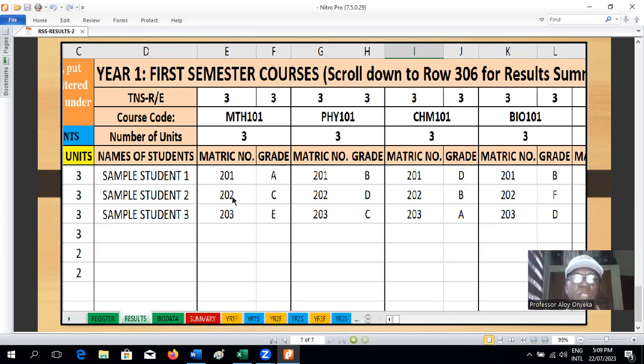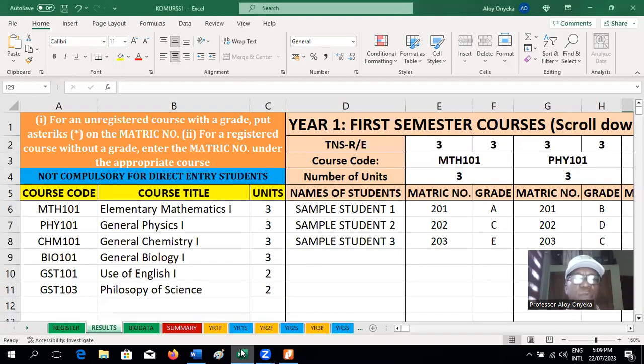So let us now show you where these 2 items are entered on the result worksheet. So for instance, if we open the result worksheet, this is RSS, and that's the result worksheet.